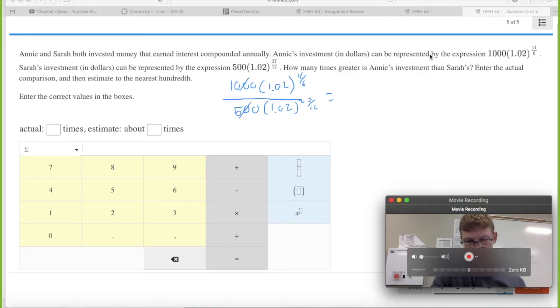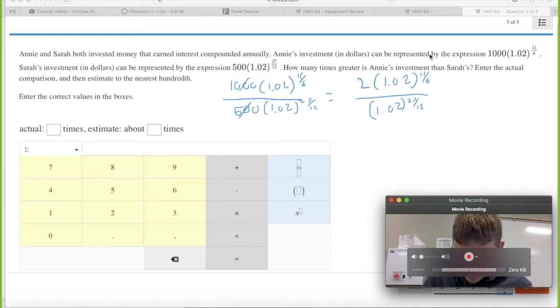So I'm going to basically cancel out a 500, which is going to leave me with 2 times 1.02 to the 11 over 6, over 1.02 to the 27 over 12. So our quotient rule says that we can just subtract the fractions.